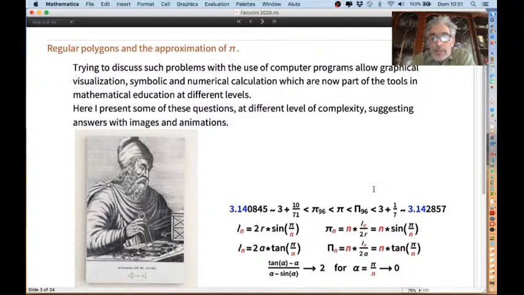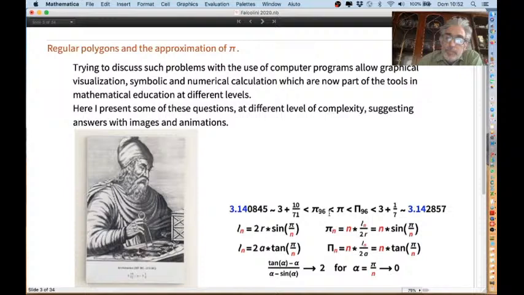So this means that Archimedes did his work first on the hexagon, which is a very simple figure, and then he divided by 2 the size of the polygon 4 times.